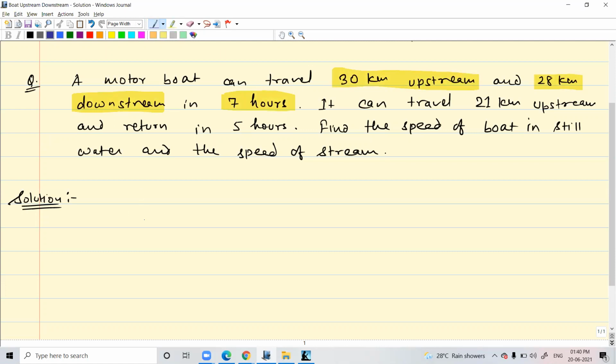But before we get to that, let's assume what our x and y are. So as we have done earlier, we'll assume the speed of the boat in still water to be x.